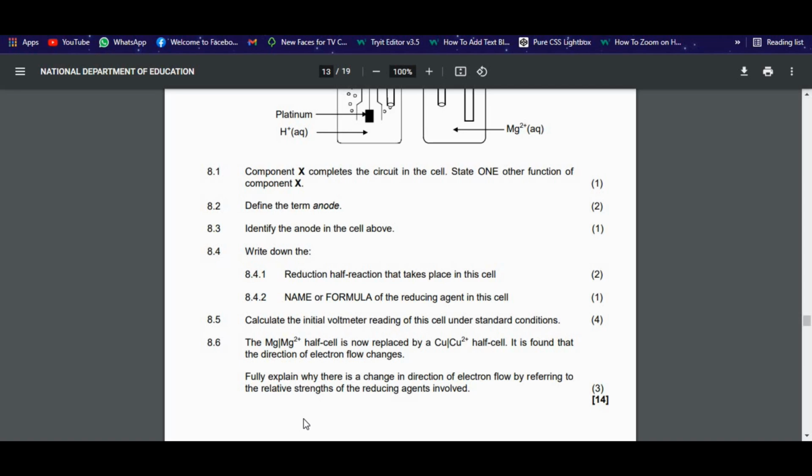Hydrogen stays the same, that's at 0. So the copper half reaction gives me a more positive value for the potential. So the rule is, if both of your values are positive, the one that's more positive will be your reduction, and the one that's less positive will be your oxidation. So in other words, now hydrogen is going to be oxidized and copper is going to be reduced.